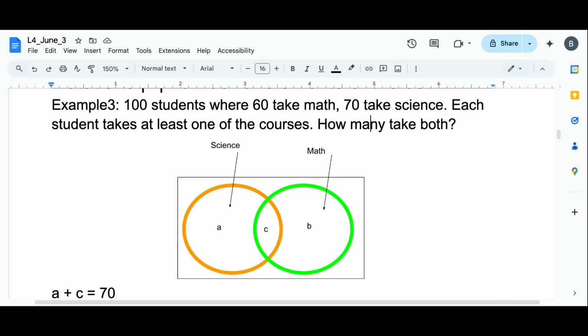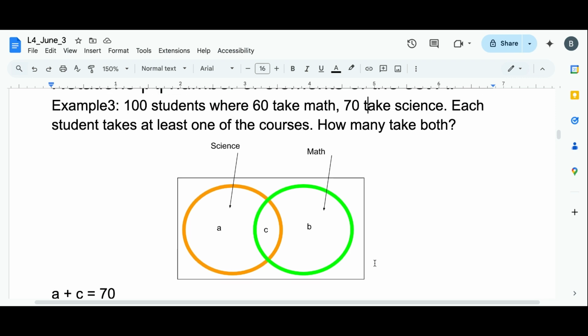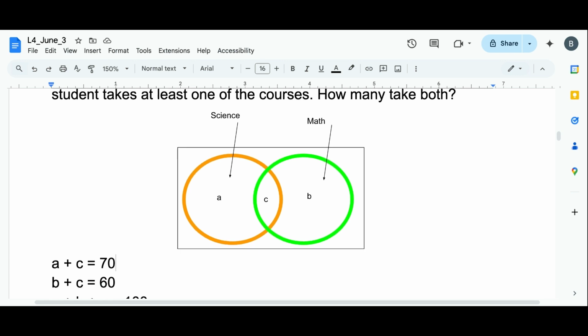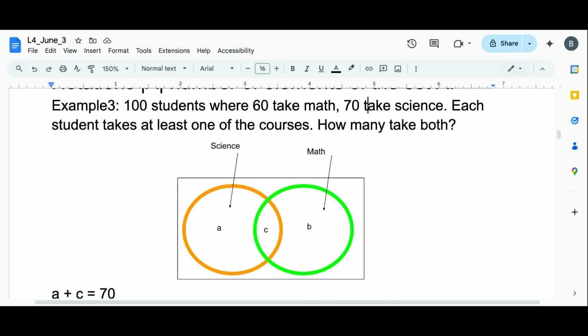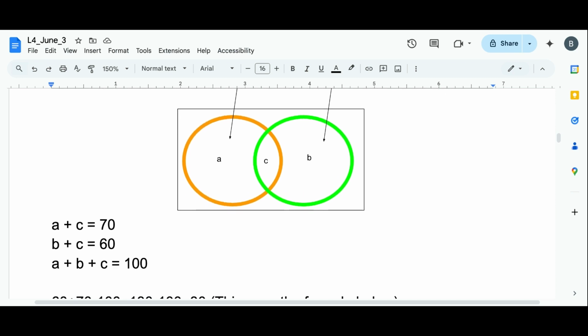And since we know that each student takes at least one of the courses, no one is outside both circles. So we know that A plus B plus C has to equal 100. And so we can figure out the number that take both, which is to solve for C in this system of equations here.